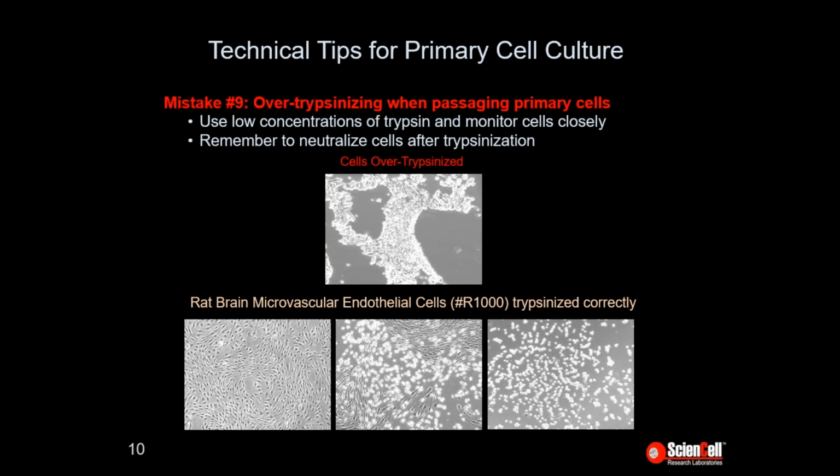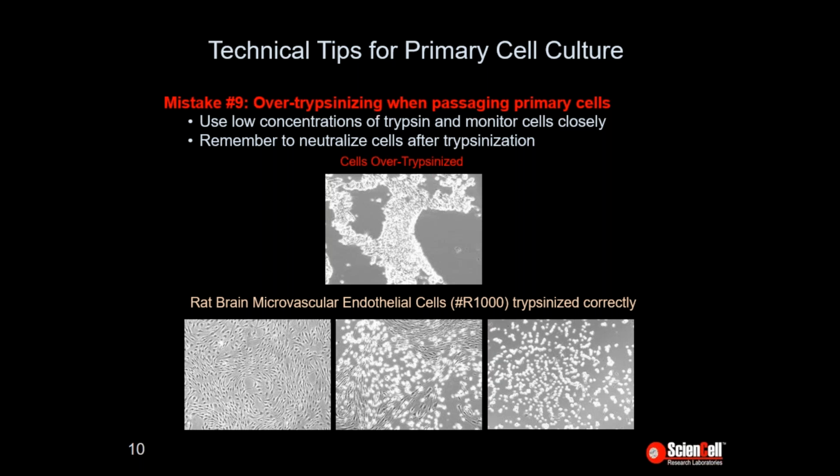When removing the cells from the culture vessel, we recommend using low concentrations of trypsin and monitoring cells closely under the microscope. Cells should begin to round up individually, as depicted in the bottom panel, if the correct amount of trypsin is used. Once cells have been gently removed and collected, remember to completely neutralize cells after trypsinization, because if any trypsin remains active, it will damage your cells.